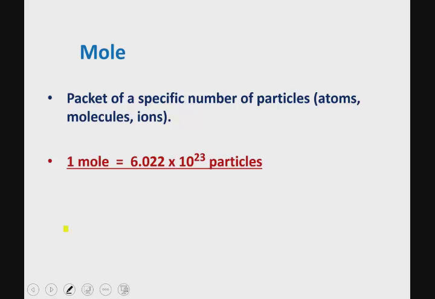This number needs to be memorized. Please, at all times, know that 1 mole of any and every substance is 6.022 times 10 raised to 23 particles of that substance. Depending on the substance, the particles could either be atoms, molecules, formula units, or ions, as the context requires.